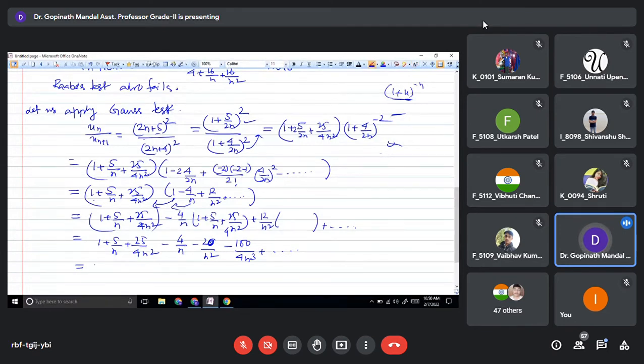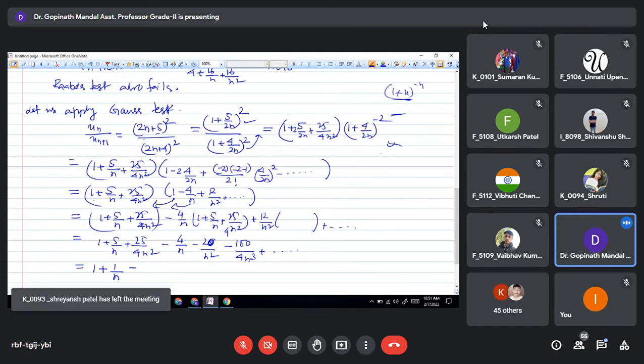Then this will be actually 1 plus 1 by n, minus 20 by n square plus 25 by 4n square. Okay, there is also another n square term, 12 by n square into 1. So there is a 12 by n square term also.